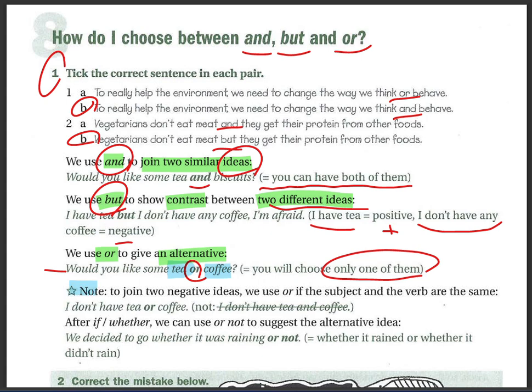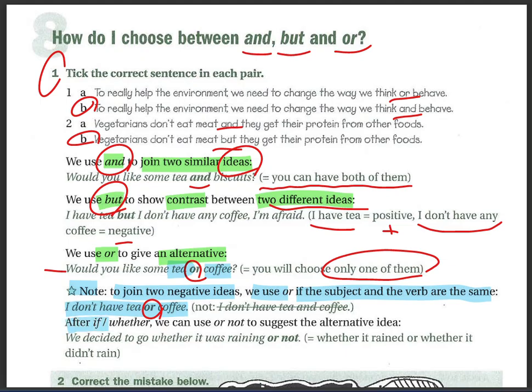Note, to join 2 negative ideas, we use or, if the subject and the verb are the same. Look at here. I don't have tea or coffee. So in here we use or to join 2 negative ideas.